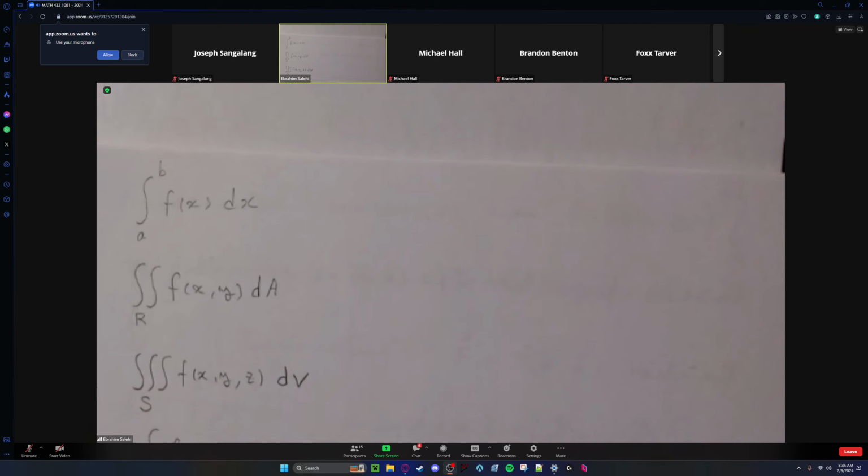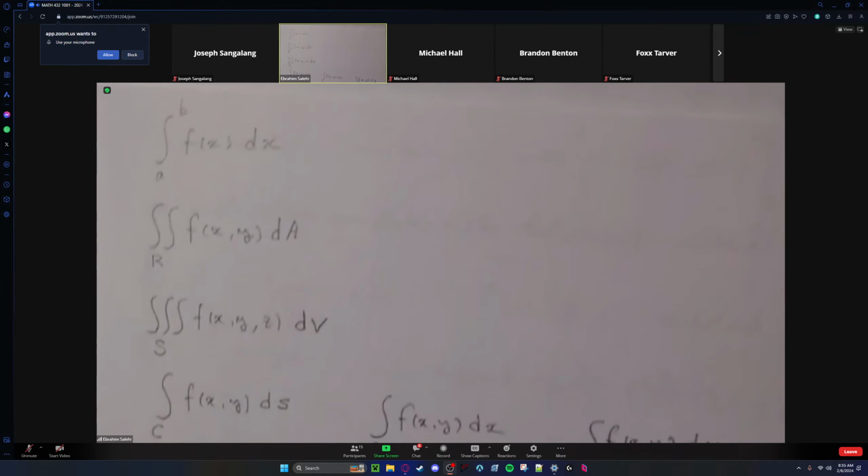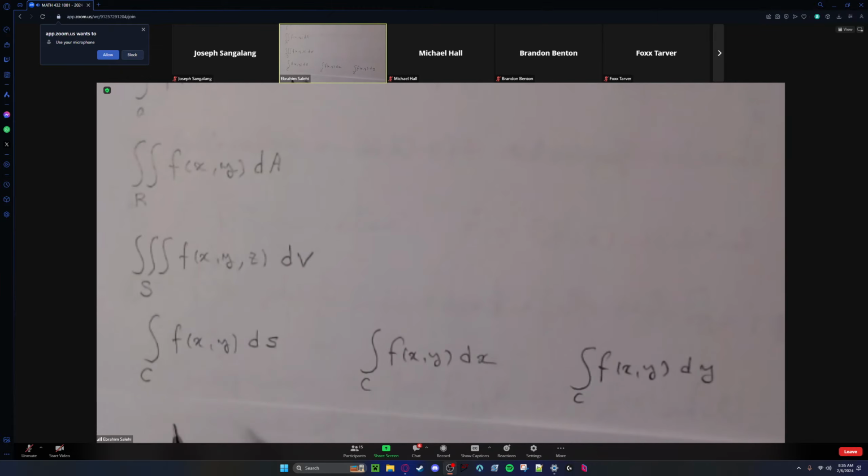Well, later in Calculus 3, you learned about line integral, where you were integrating over a curve. C is a curve, all right? But we call it line integral. Of course, there are some other types of integrations.